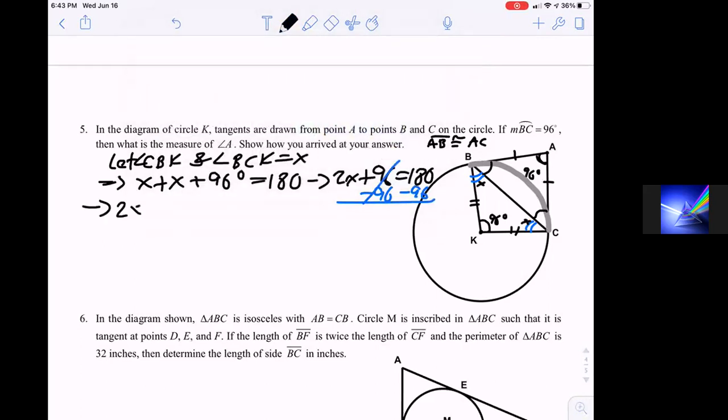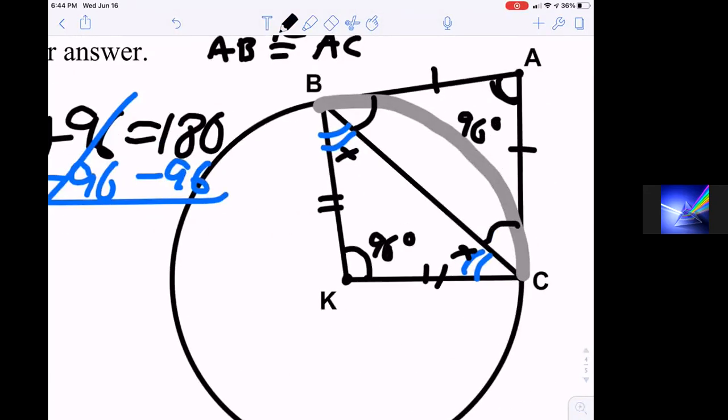And we get 2x is equal to 180 minus 96, which is 84. Go ahead and take half of that, and x, each blue angle, is 42 degrees. So this is 42 degrees right here. This is 42 degrees right here.